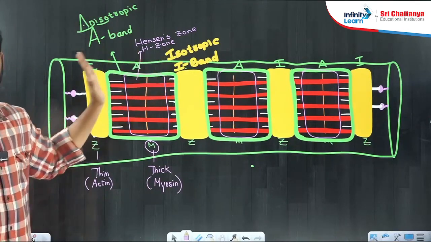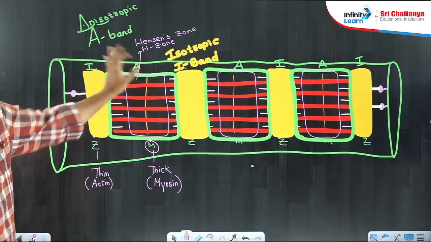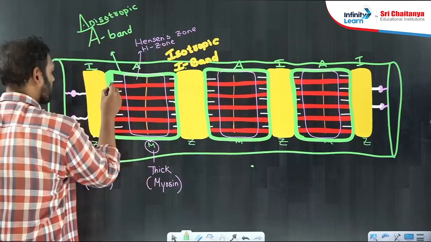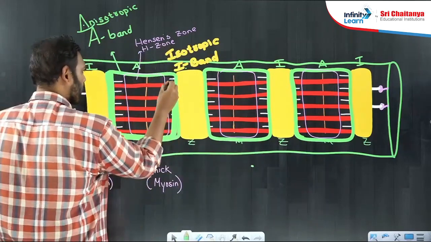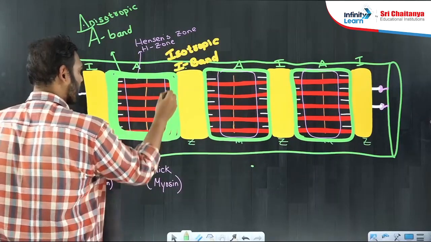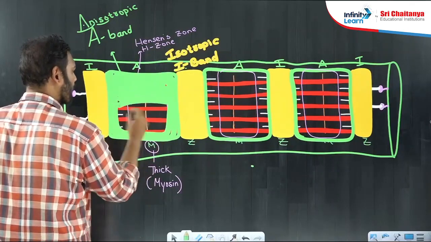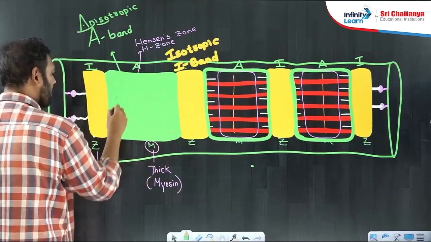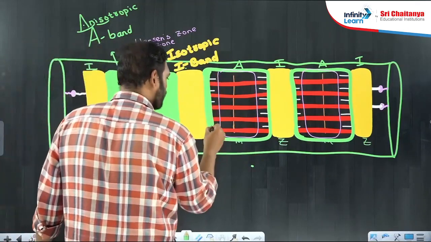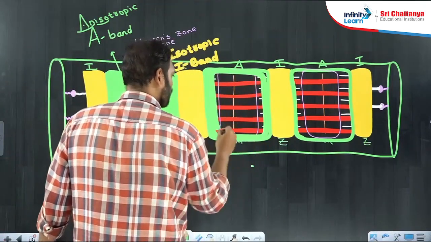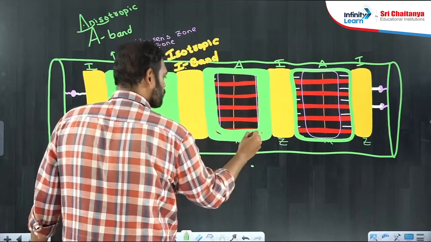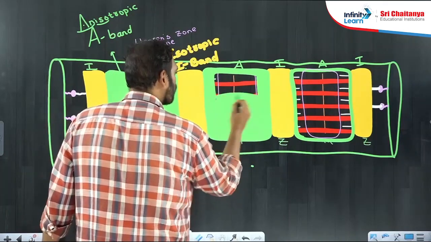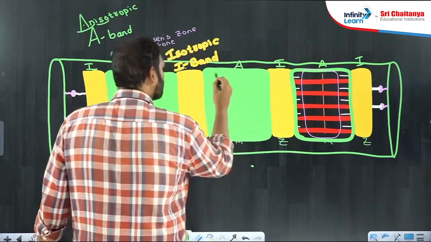So let me color A band also. Let us color A band again with greenish. Green. So for you, I band is yellow, A band was green, right? Visible? Guys, I'm telling you basic fundamental aspects only, not going into depths, because this was not the time. You need to understand what we're going to learn in 11th and 12th standards.